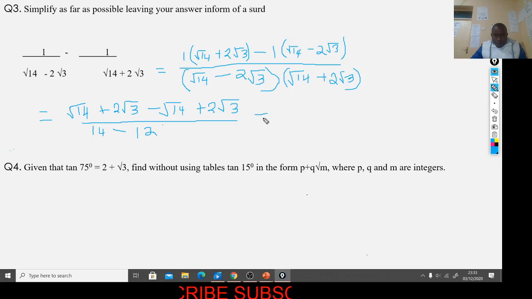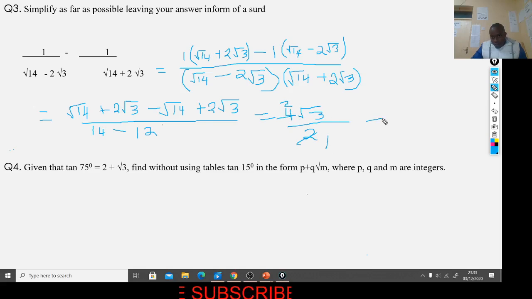So root 14 minus root 14 is 0 and cancels, and this plus this gives you 4 root 3. 2 root 3 plus 2 root 3 is 4 root 3, all over 2. 2 cancels here once and 2 comes here 2 times.